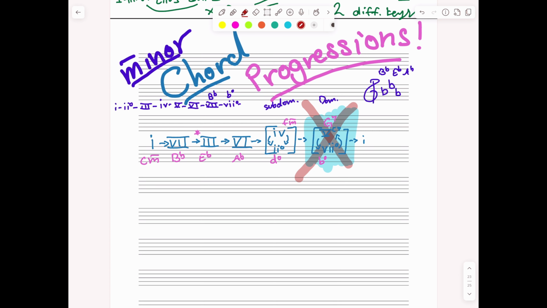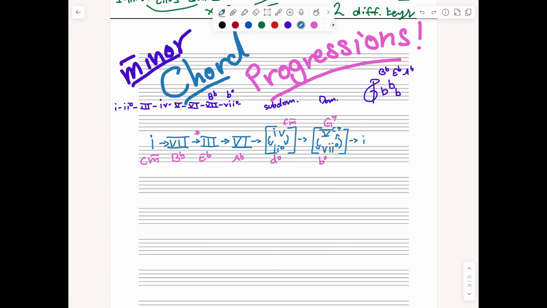When we raise the root, we create the 7 diminished chord. When we raise the root, we create the 5 chord, right? The major 5 chord, because the third of any dominant chord is the leading tone. So this whole bracket doesn't exist, and we make it exist by using the harmonic minor 7th, which is by raising the 7th, which is kind of cool. And that's what makes minor extra juicy.